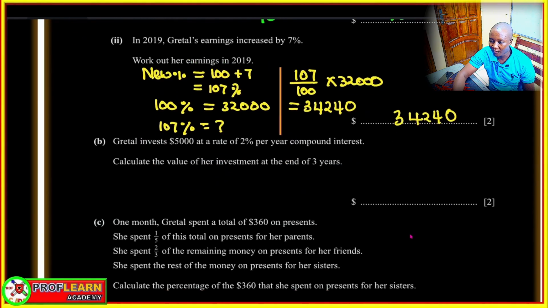The amount earned after a given period of time is given by P, which is the principal, times 1 plus R over 100 raised to power n, where n is the period.